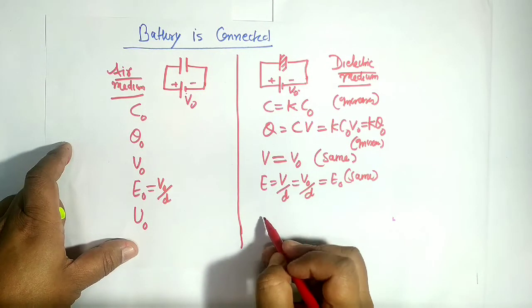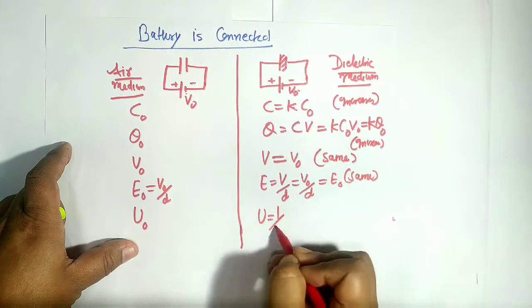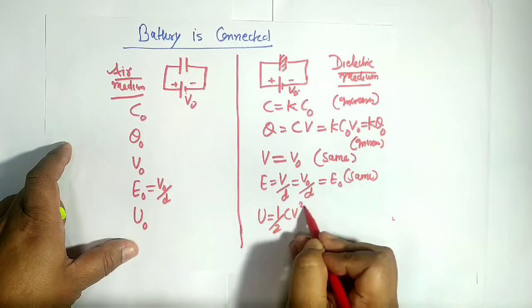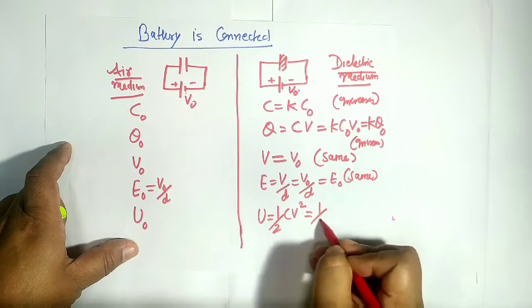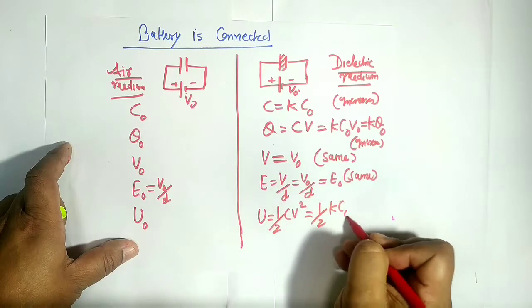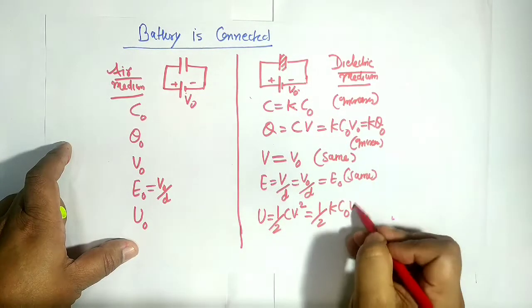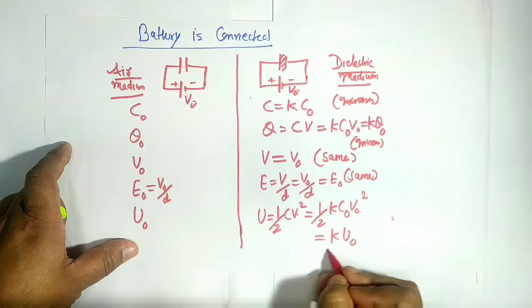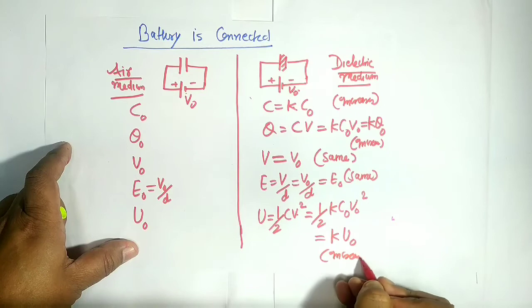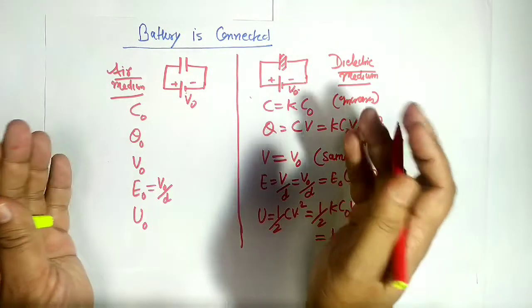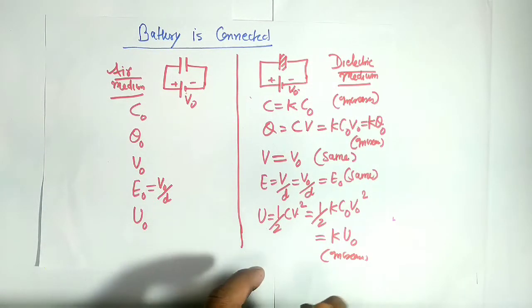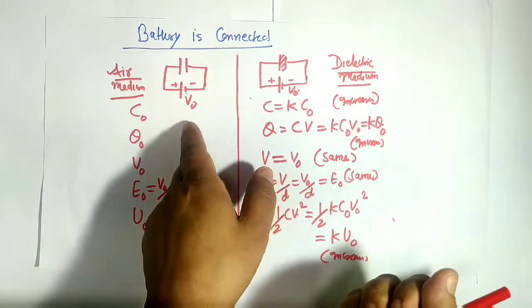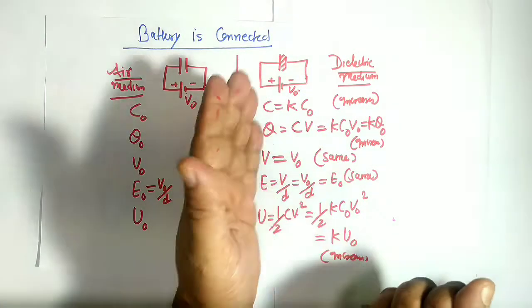And now the last thing is about the energy. Energy will be half CV square here. So in place of C you will write KC naught. And V is the same, so V naught square. So can you tell me what is K times U naught? So energy increases. So these are the changes when the battery remains connected. You are not changing the battery. The main thing is that the potential difference is the same.